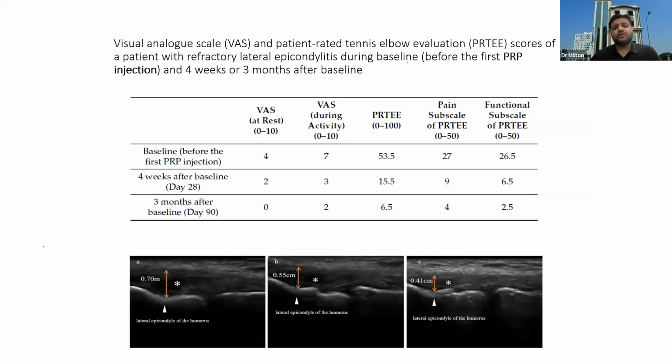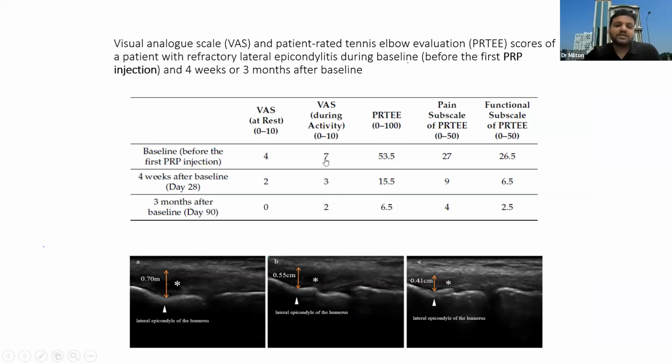Now let's see what the benefit is after giving the PRP. If we evaluate the patient-related tennis elbow evaluation score and the VAS score, at baseline before the platelet rich plasma, the VAS was around 4 at rest.